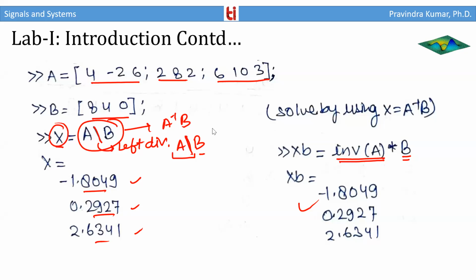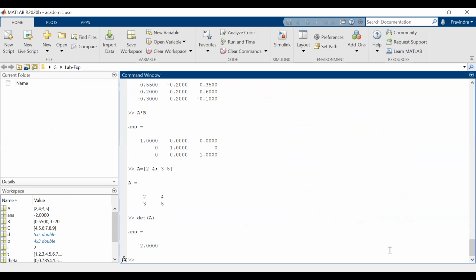Just like if I write here A is equal to 4 minus 2, 6, 2, 8, 2, 6, 10, 3.